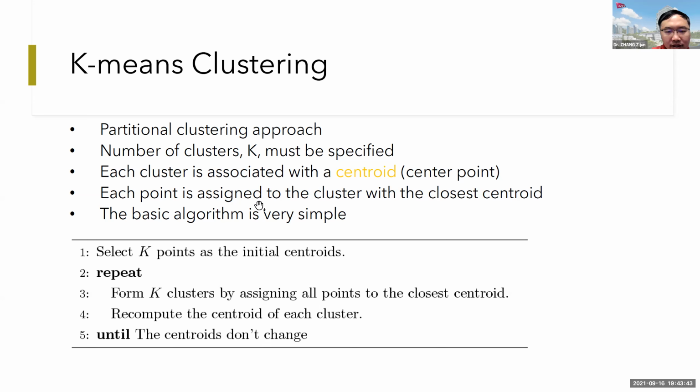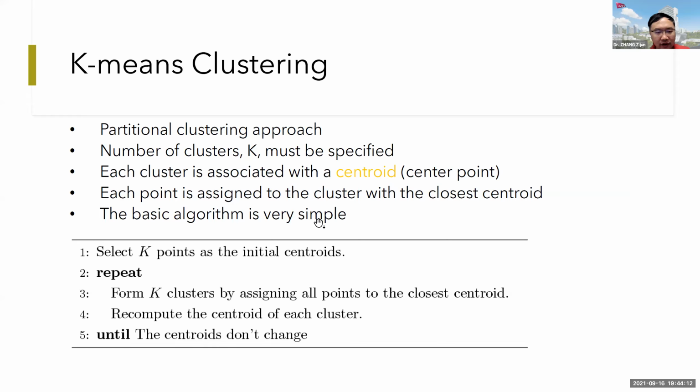And each point is assigned to the cluster with the closest centroid. That means to determine which cluster a data point should be assigned to, you need to compute the distance between the data point and all these centroids, find the closest one, and assign the data point to that cluster.